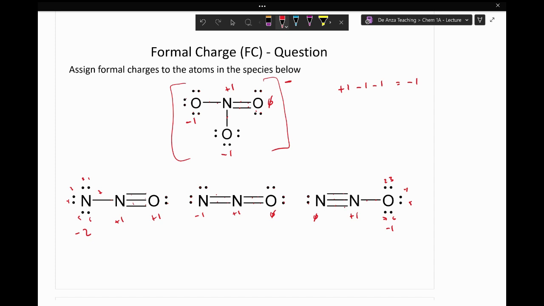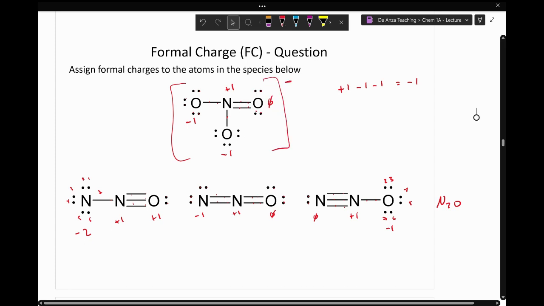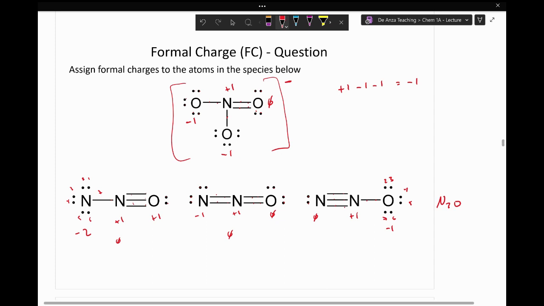And so if we look at our bottom 3 and rank them against each other to find out which one of the bottom three is the best way to represent N2O, we see that in all cases, the charge adds up to 0. So this one adds up to 0 because we have -2 plus 1 plus 1. This one adds up to 0, and this one adds up to 0.